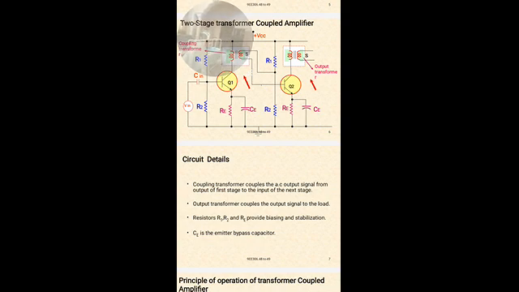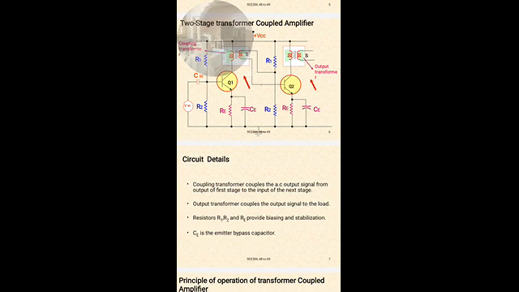The amplified output of the second stage amplifier is transferred to the secondary winding through mutual induction. The output transformer connected in the collector circuit of the second stage amplifier transfers the amplified signal to the secondary winding of the output transformer.